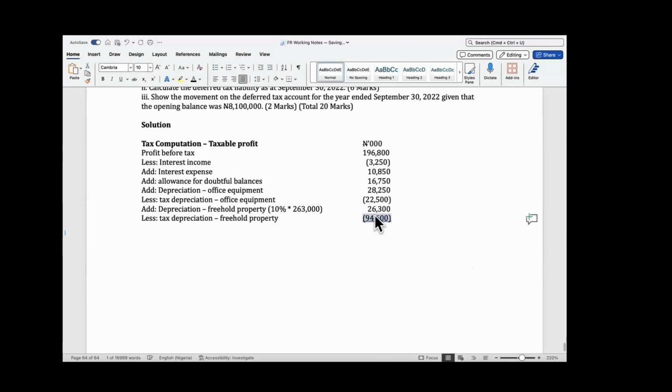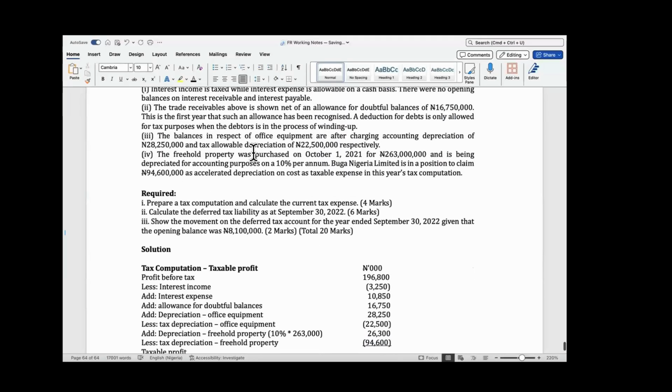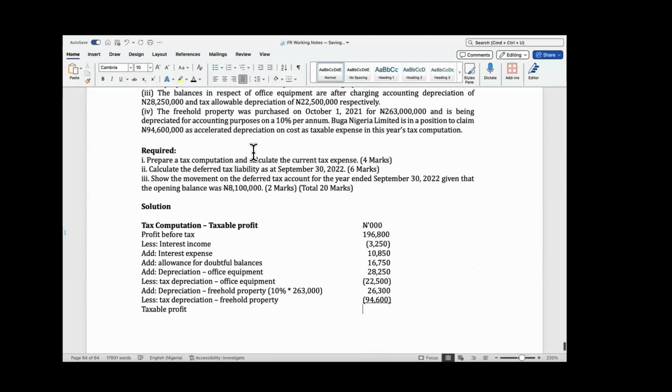So can you give me my balance? That will be my taxable profits. What was your answer? 158,600.